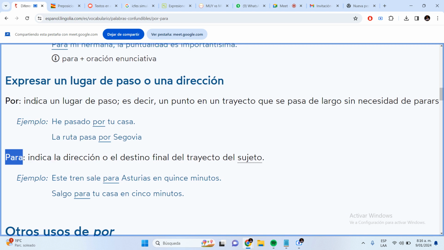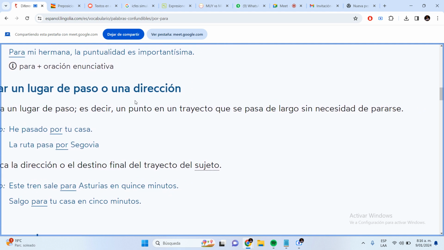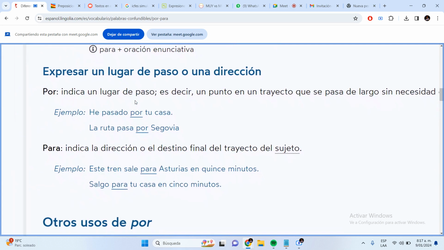So, indica un lugar de paso. What I told you is that when I'm talking about a place in the middle of this route, and I'm not going to stop there, I can use por. So for example, he pasado por tu casa.